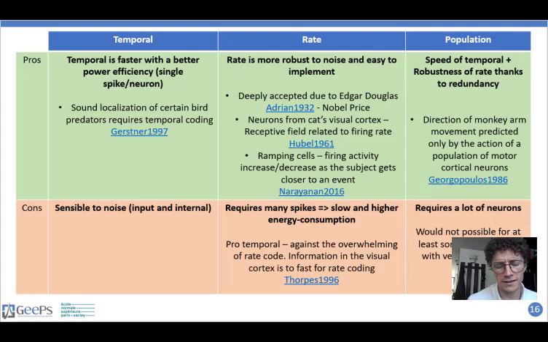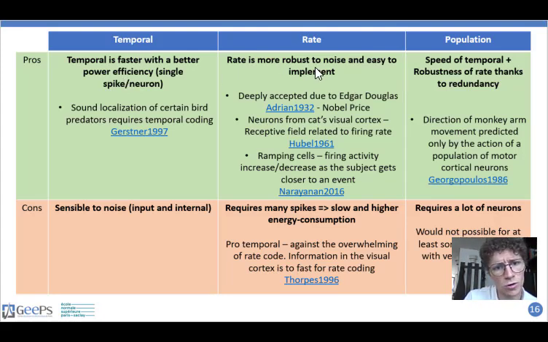So it might highlight the fact that there are multiple possible ways to encode information, and it depends on the application. And this is probably the same for spiking neural networks for computation, because, for instance, temporal code is known to be faster with better power efficiency, but it's also known to be sensitive to noise. So according to your application, you will pick temporal code or not.